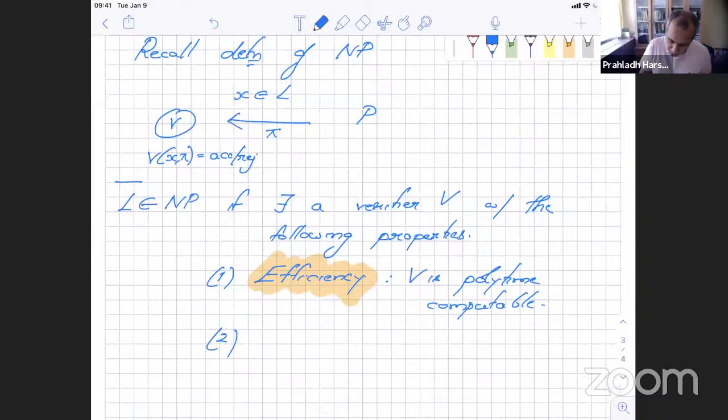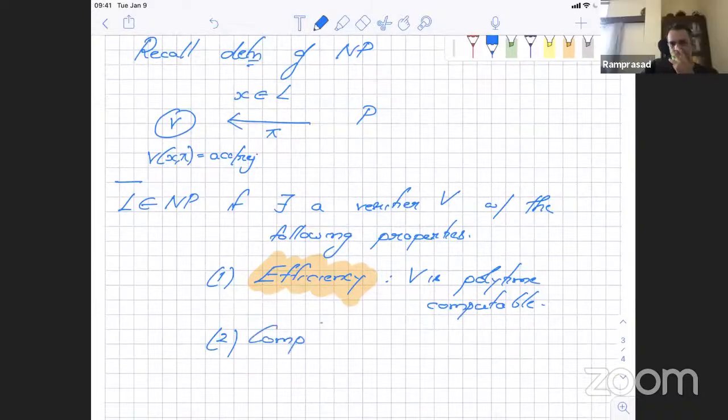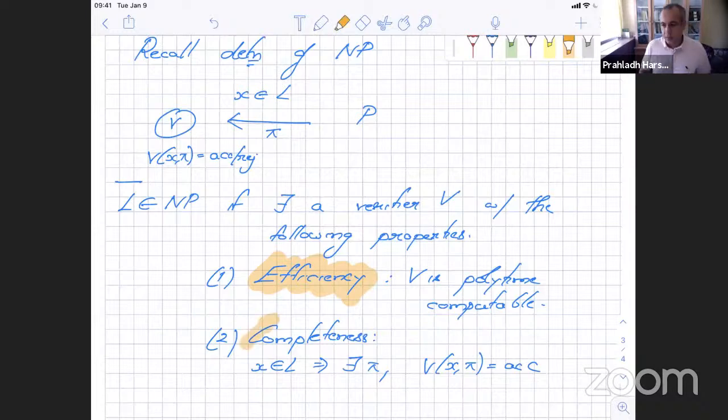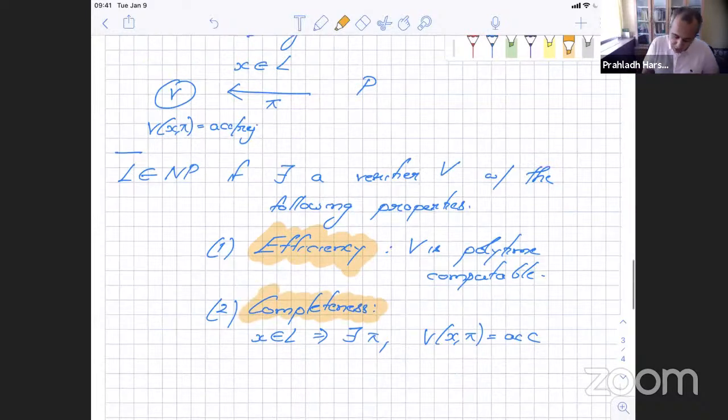Then what is called completeness is: if X is in the language, then there exists some proof pi such that V of X, pi is equal to accept. That is, for every string in the language, you have this.